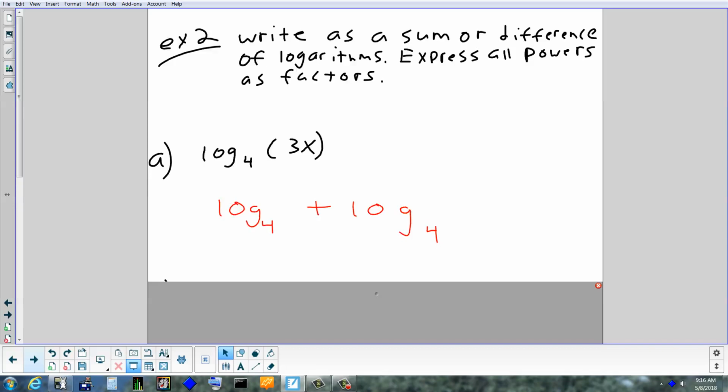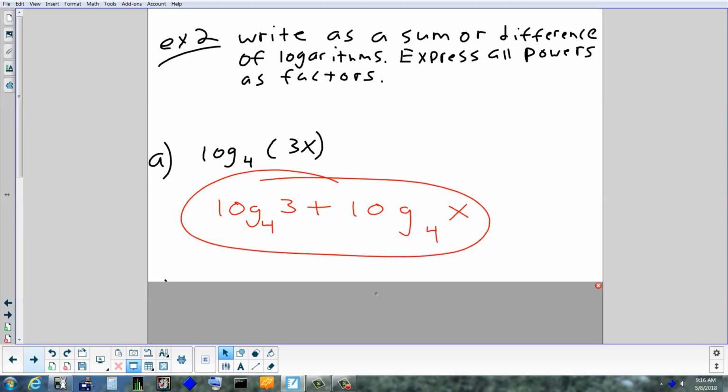Yep, my first argument is my first factor. And Colby, my second argument? X. And that's it. So you're not solving for x here. It's not like you're getting x equals 5 and solving an equation. All you're doing is rewriting something. You don't even have an equation. Any questions on that?